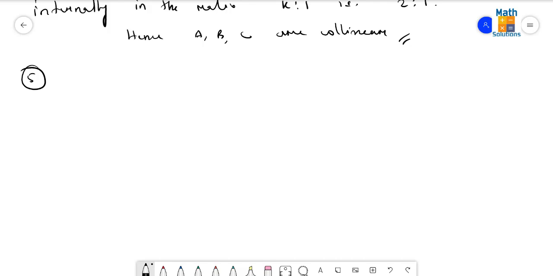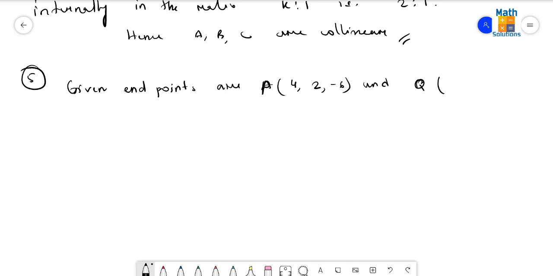So here in this case, given end points of the line segment are P (4, 2, -6) and Q (10, -16, 6).